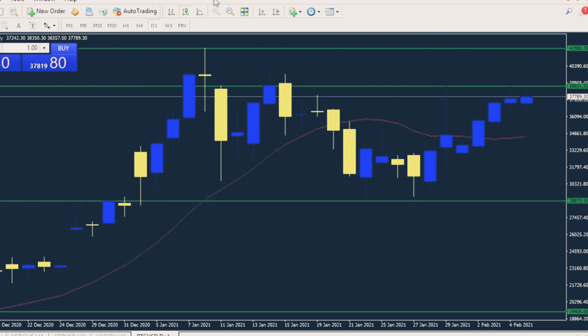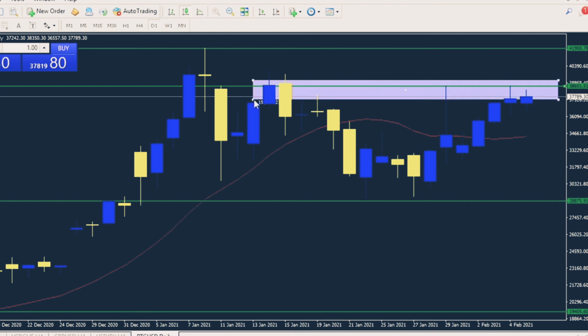So one thing I'm seeing clearly on this chart right now, and I'm going to map it out for you to see right now, is that there's a supply zone right there at this level, which is from around 37 to 38. There's a clear supply zone there that is really limiting price upward movement, right? So how do I know?